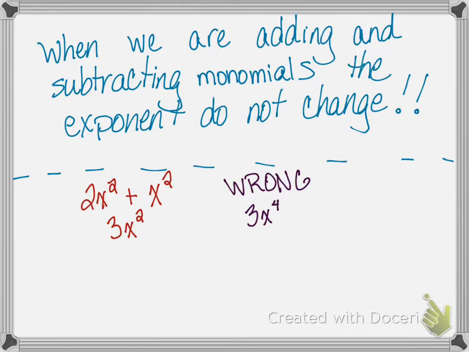Students will say, but don't we add the exponents? We add the exponents when we are multiplying. So if I had 2x squared times x squared, that is when I multiply.